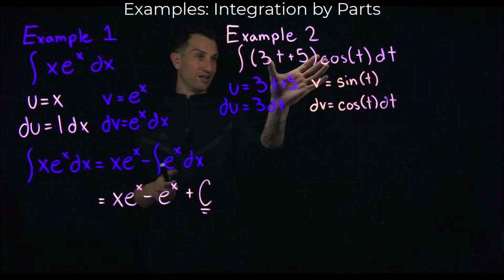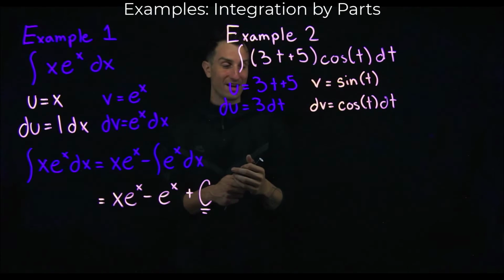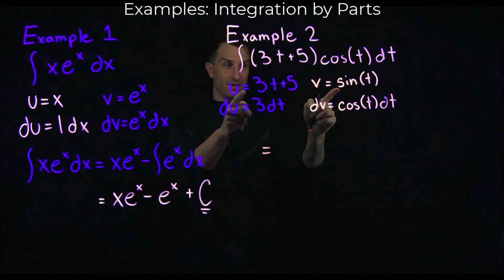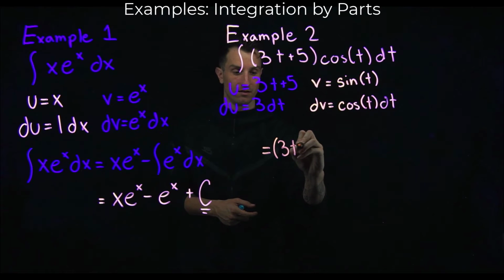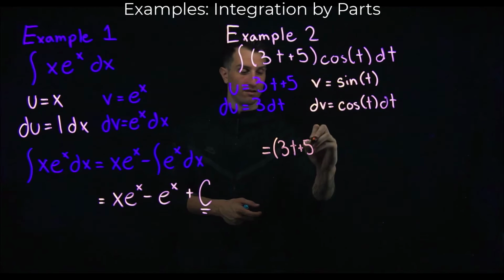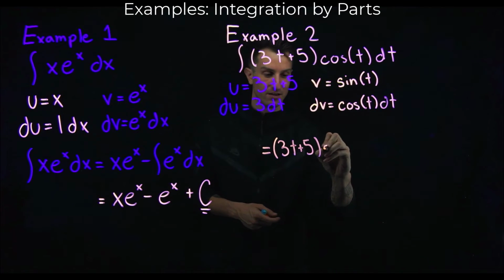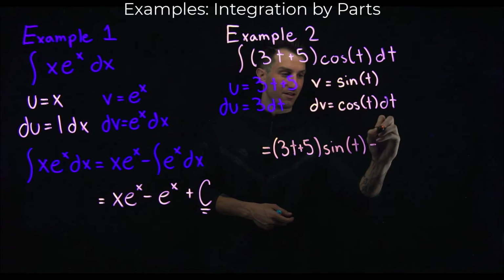Now, because I'll run out of space, this is our u dv. So I'm just going to write out the right side. The right side of our integral here is going to be equal to uv. So this is u, v, sine of t, minus the integral.